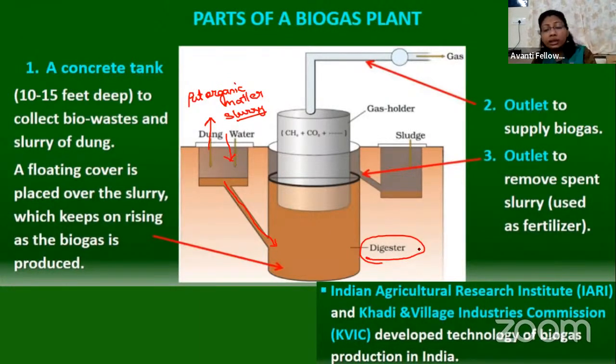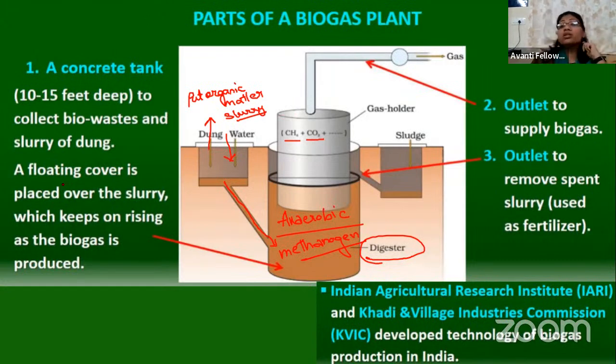So as the slurry of the organic matter reaches this digester tank, the condition here is already anaerobic, and due to the anaerobic condition, the methanogens start their working, and when they start decomposing the organic matter, they start producing methane and carbon dioxide gas.